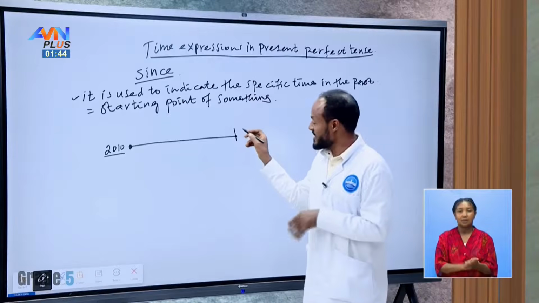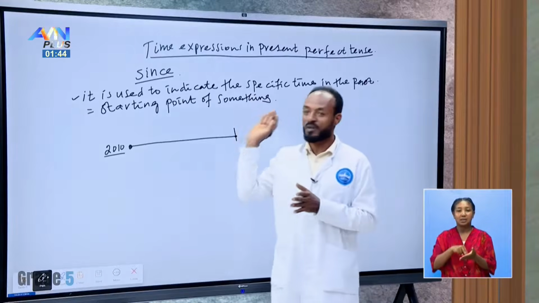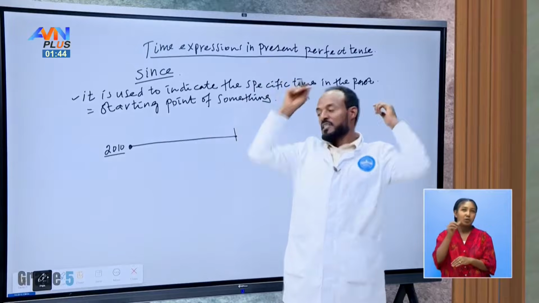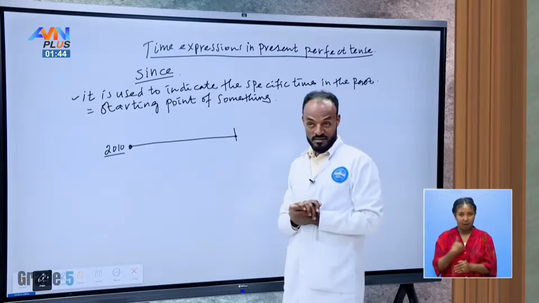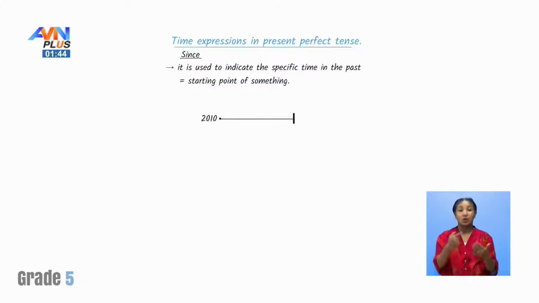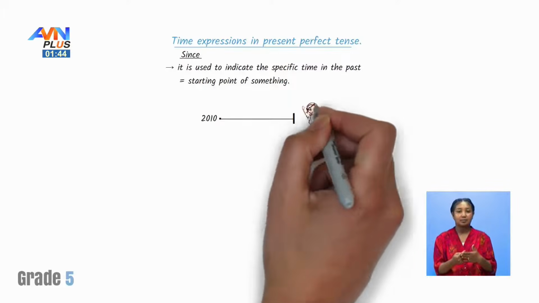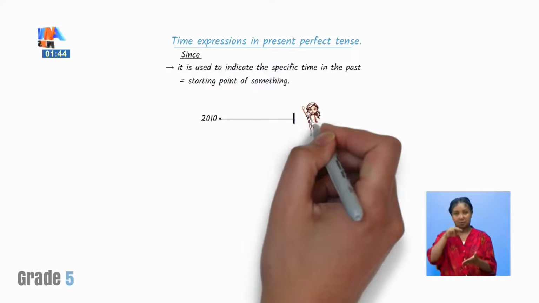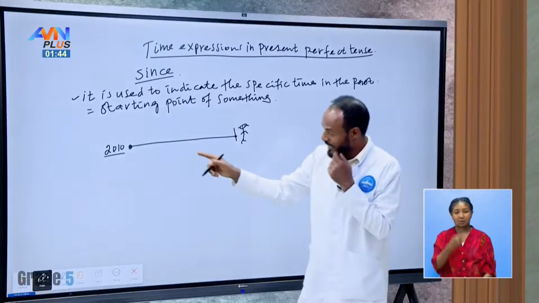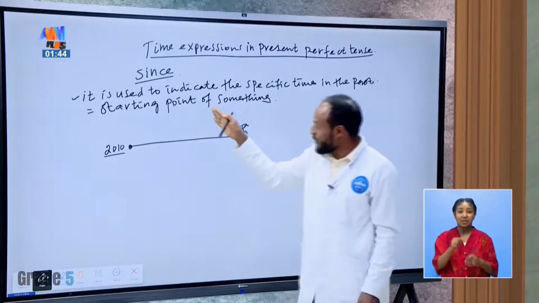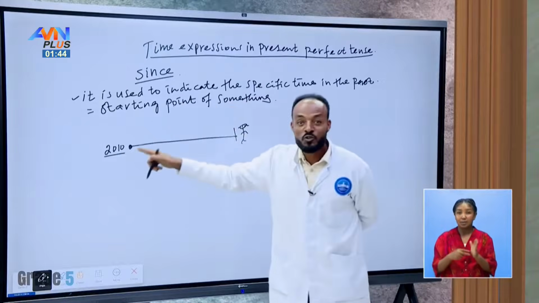The person is standing here talking about something that happened in the past and which has a strong relationship with the present. Okay? When we say the starting point, we mean what? 2010.